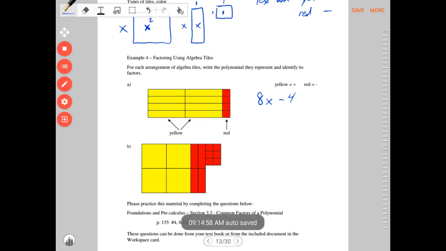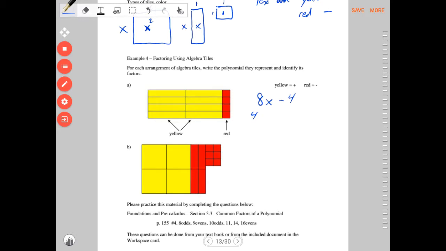And then if we factor this, the greatest common factor is 4. Between 8 and 4, the biggest thing we can pull out is a 4. The 4 has no x term, so we can't pull any x's out. 8 divided by 4 is 2. We had an x, we didn't pull anything out, so there's still an x. Then minus 4 divided by 4 is minus 1.